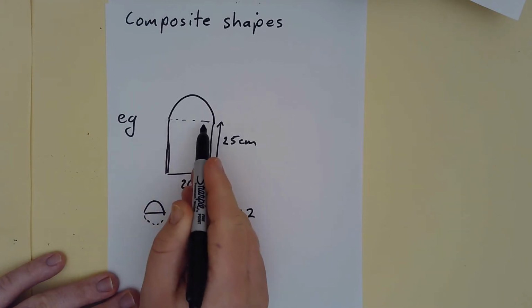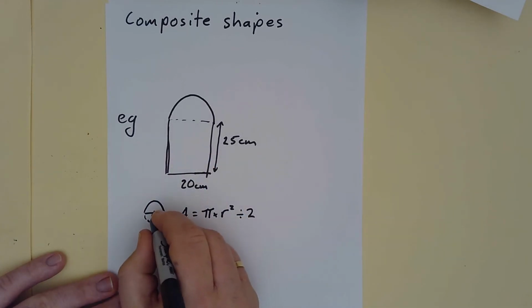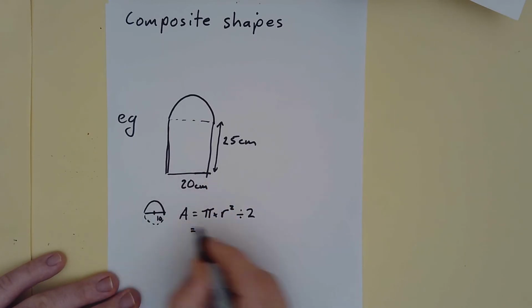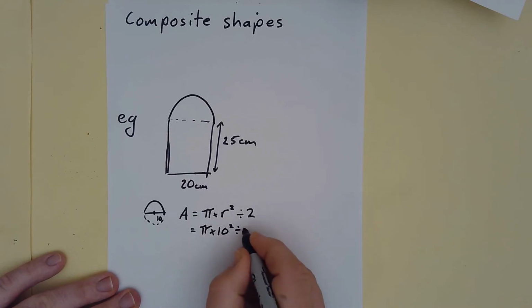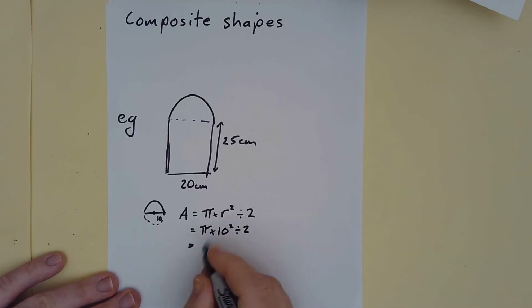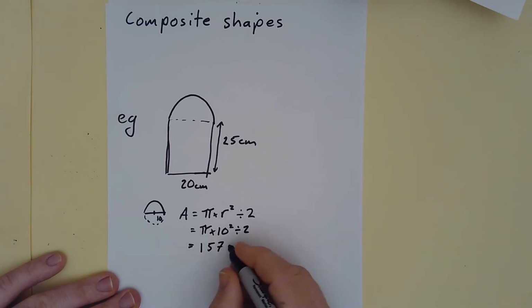That would be my diameter. So my radius here must be half of 20, which is 10. So I've got pi times 10 squared divided by 2. I put that into my calculator, and I'm going to get 157 centimeters squared. There'll be some decimal places, but we'll ignore that for now.